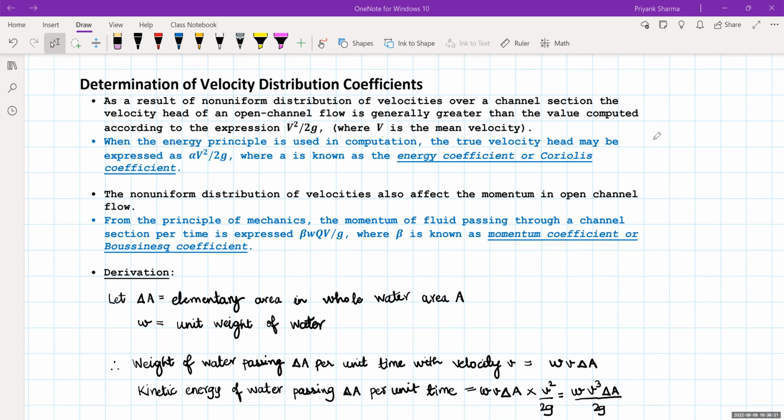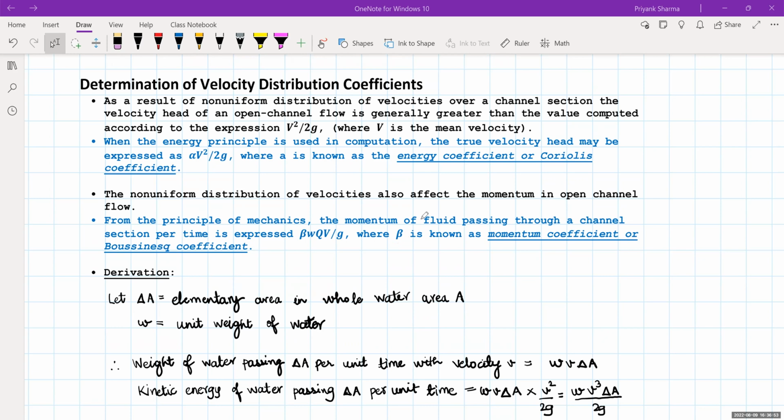So the non-uniformity in the velocity will also affect the momentum in the open channel, and similarly a correction factor has to be incorporated to represent the momentum of fluid passing through a channel per unit time. That is beta, so it is beta W Q V divided by g, where W is the unit weight of water. Beta is the momentum coefficient or Boussinesq coefficient.